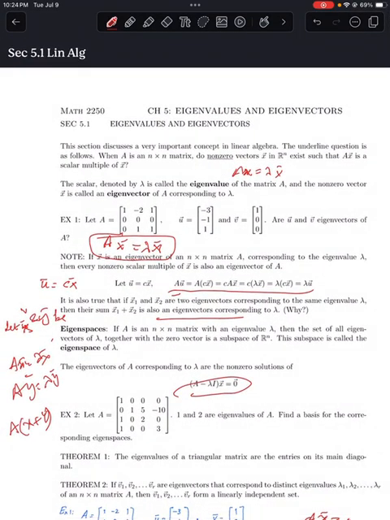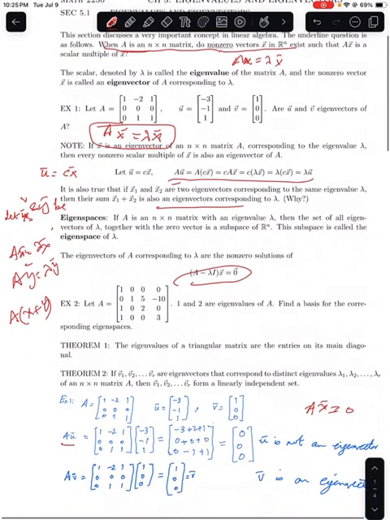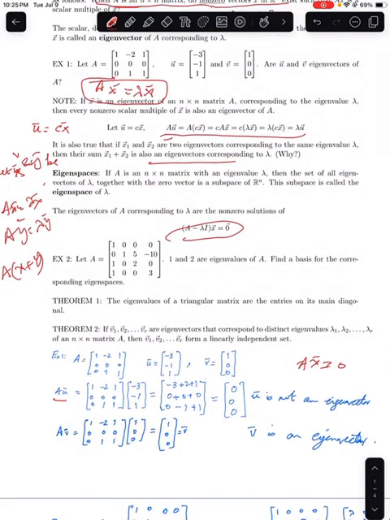We are trying to find the non-zero solutions. Remember here, a non-zero vector. So lambda may be 0, but x, the eigenvector, cannot be 0.